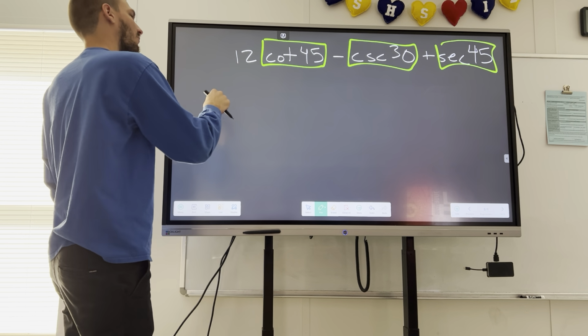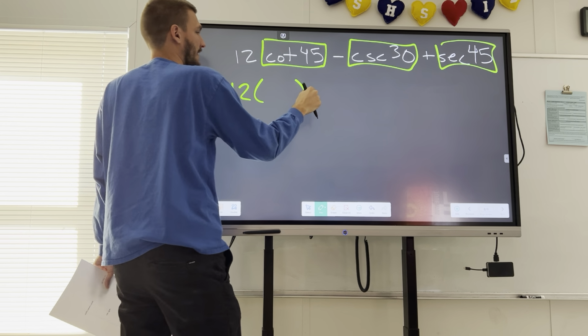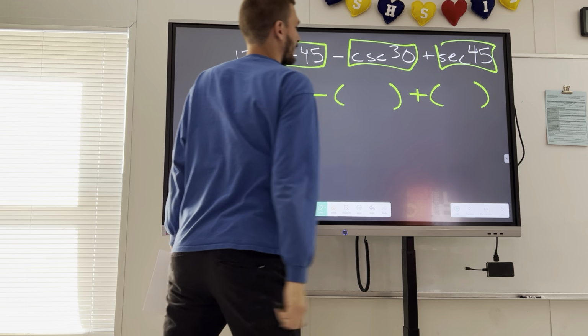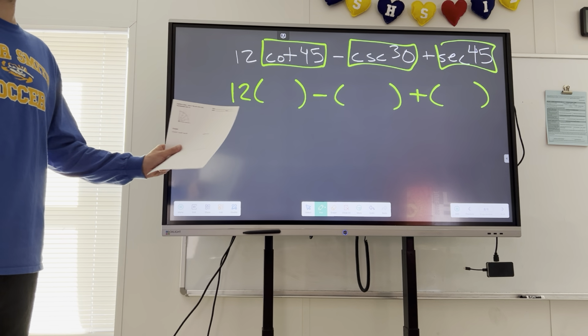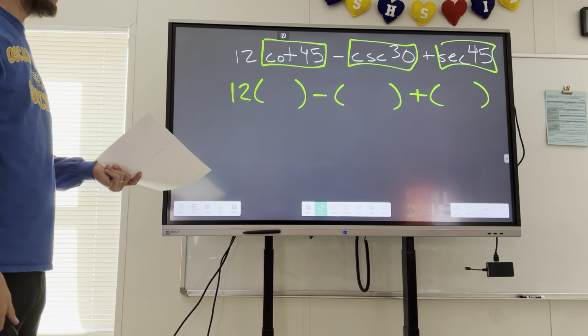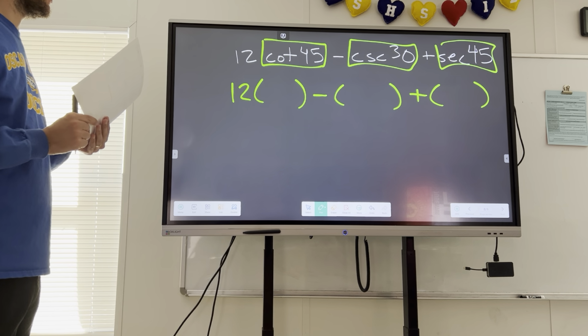And so we want to write this down as 12 times whatever that's going to be, minus whatever that's going to be, plus whatever that's going to be. And so now we're just going to use our unit circle, grab those 3 pieces, and we'll end up having to do a little bit of fraction stuff probably and get the answer.